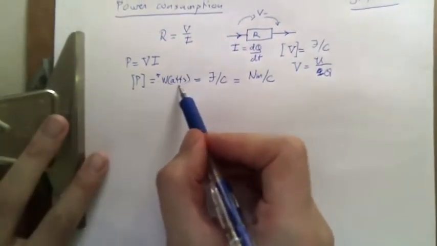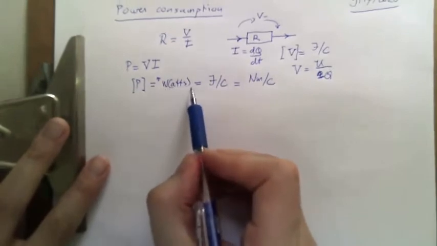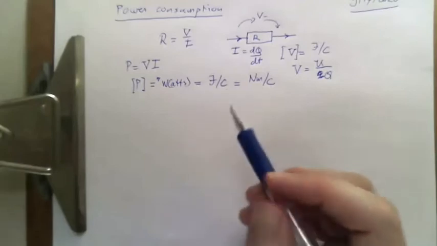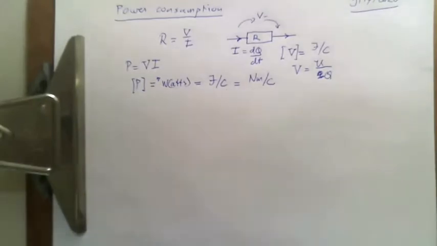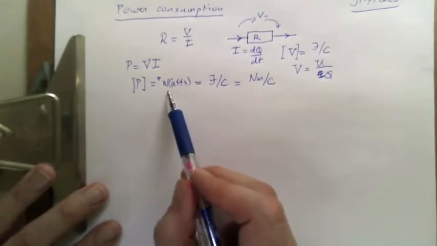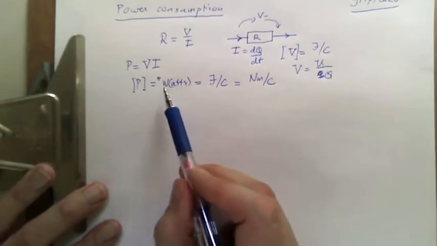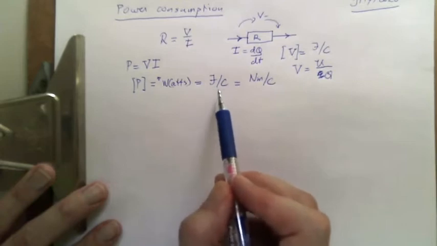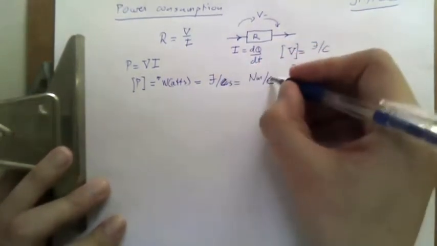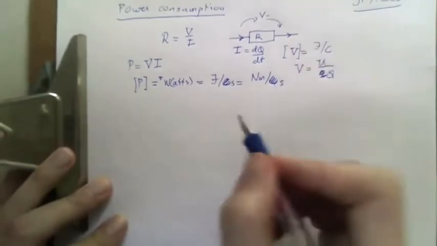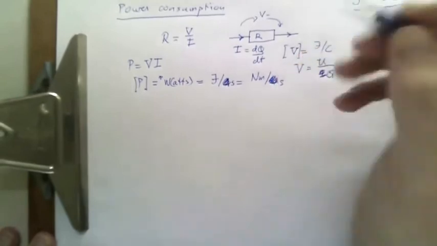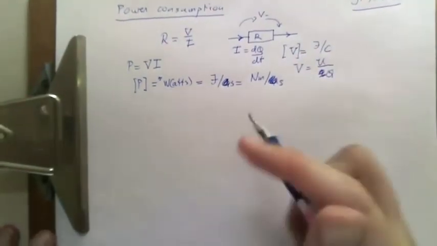These are the watts that you hopefully have seen written on all sorts of electrical equipment. If you have a charger for your cell phone, it will tell you how many watts it can deliver, and basically that means how many joules per second it can deliver. All right, so that's watts.